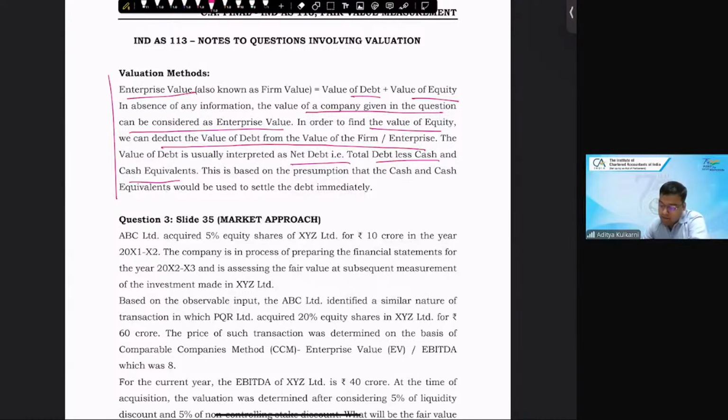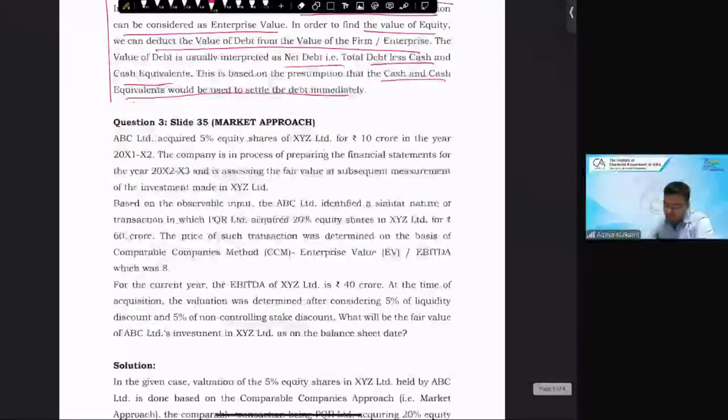This is based on the presumption that cash and cash equivalents would be used to settle the debt immediately. Are we able to understand? Yes, sir. Okay. So this is your basic information that is given.